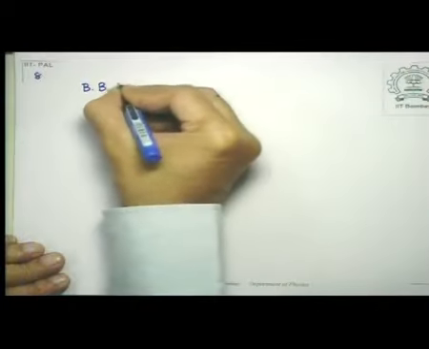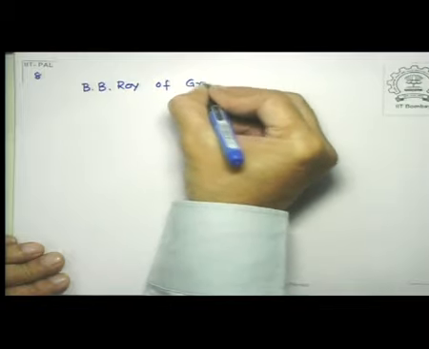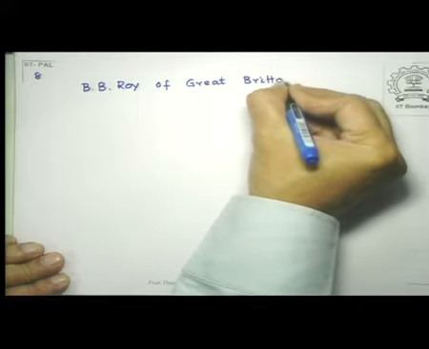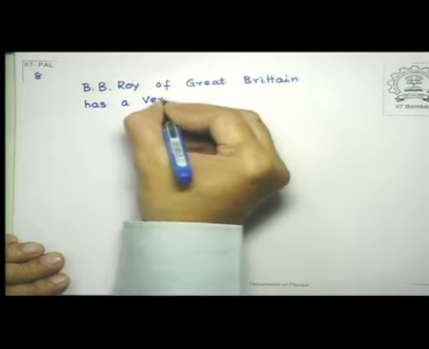Of course, you would wonder, how does one ever remember such things? When we were in school, we were given a mnemonic to remember this. So I will repeat that. You might have your own, but the one that I learned is a phrase like this: B.B. Roy of Great Britain has a very good wife.